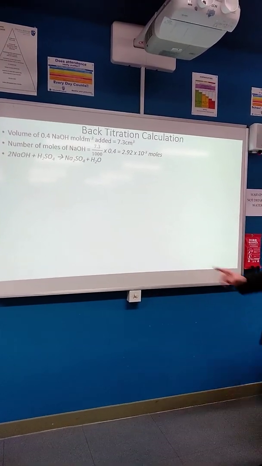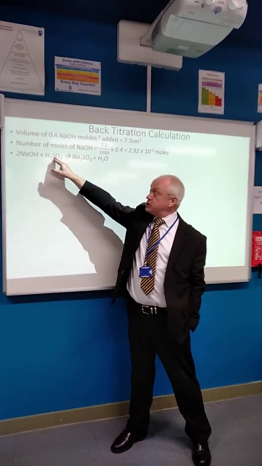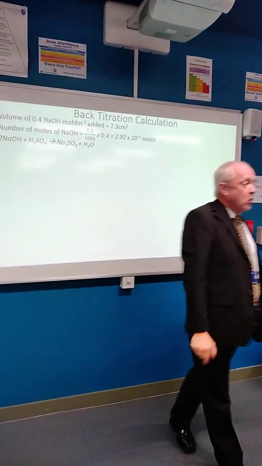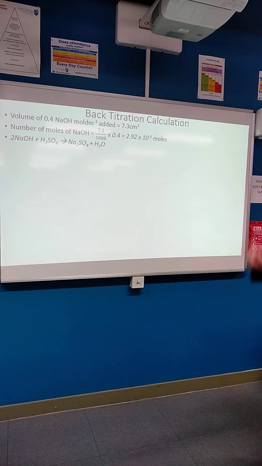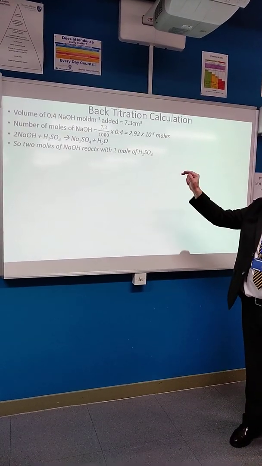Now, the equation for this is a 2-to-1 ratio. 2 moles of sodium hydroxide react with 1 mole of sulfuric acid. So, when you're doing the calculation, 2 moles react with 1 mole.